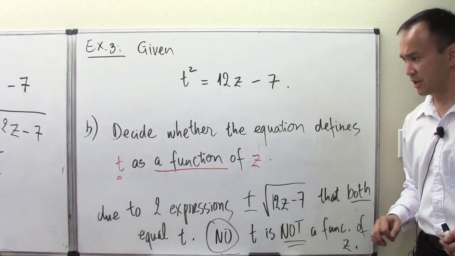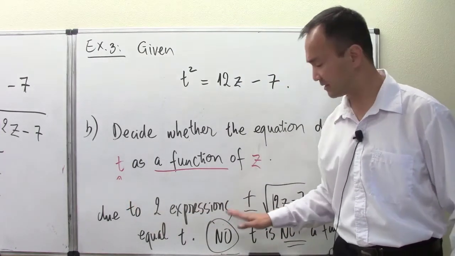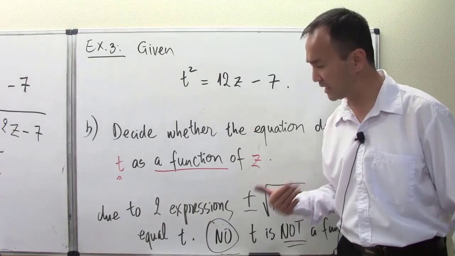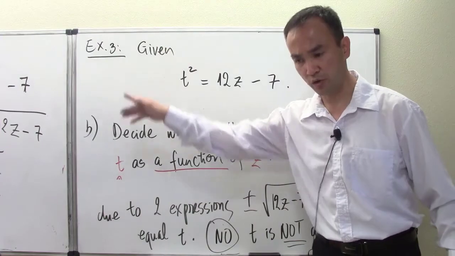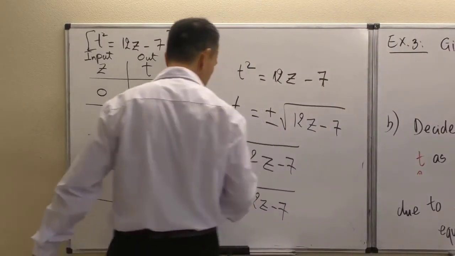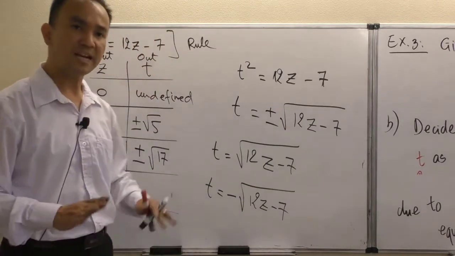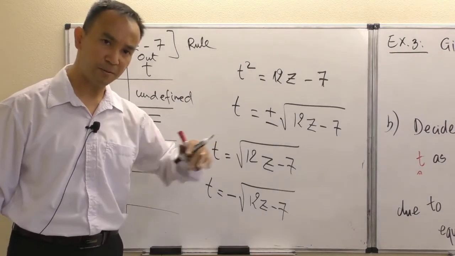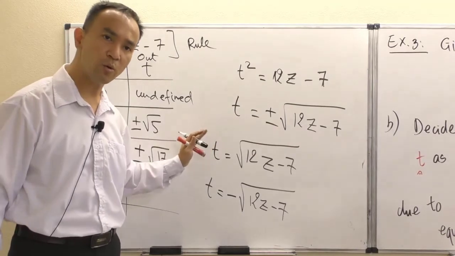So this way of reasoning, for anyone being my student, if you're doing this kind of problem, all you need to do is show your steps to the point where it shows two expressions equal to one variable. That's enough to say nope, it's not a function of. Or in the earlier part, show your steps where it comes to exactly one expression equal to a single variable.